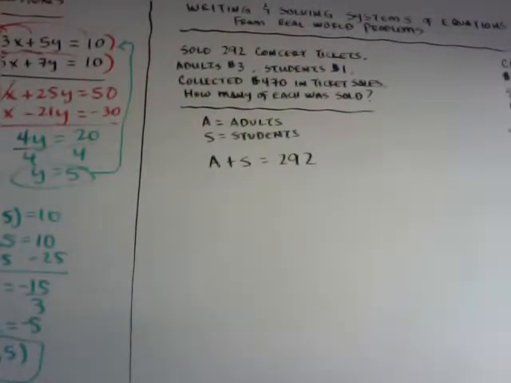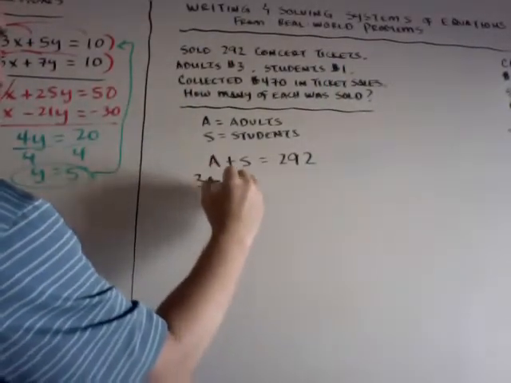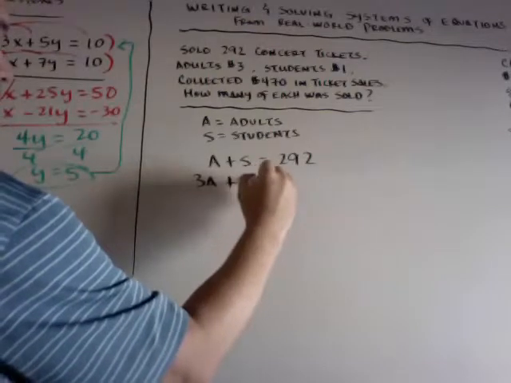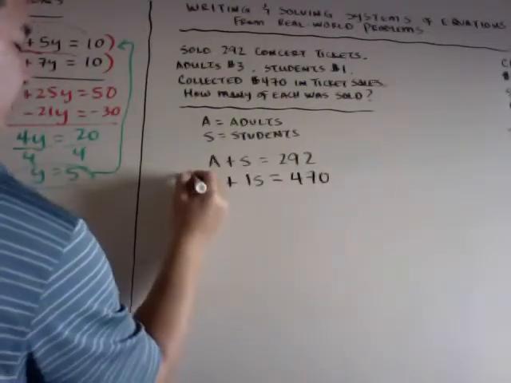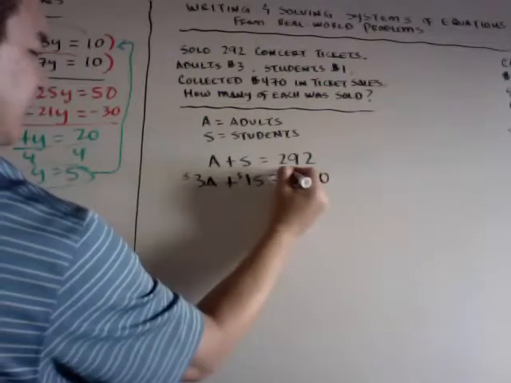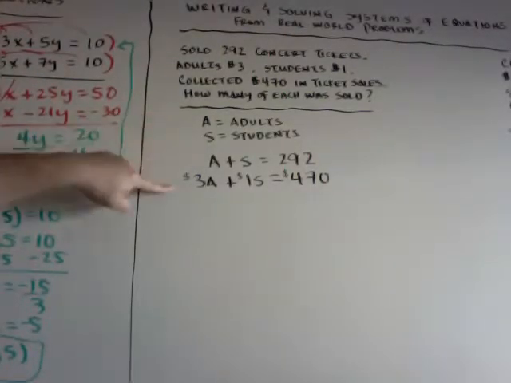The second one is going to be the value. So if adults is $3, I would say 3A plus students is just 1S is equal to 470. And if you want to put the dollars to see that that's where it came from, that's fine. So you can see one is just the number of tickets and one is the value.